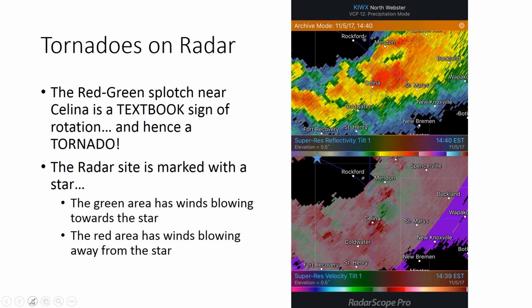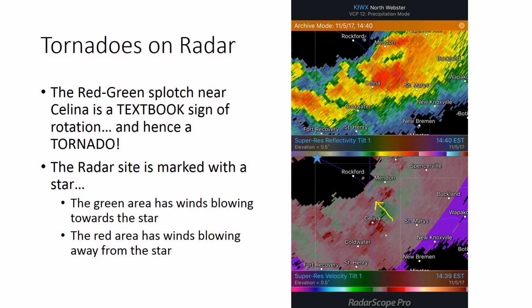What I recommend doing in determining what direction this tornado is spinning, clockwise or counterclockwise, I'll grab yellow. This green area here represents winds that are blowing towards the radar. So what I would do is draw an arrow through the green that is pointing towards the star that represents where the radar is.